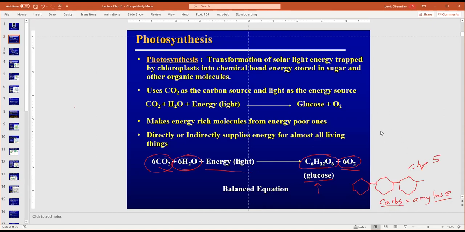And then remember, we talked about glyphosate, so that plants can take their amylose or their glucose and they can make other things with it. So Roundup, they use this to synthesize proteins and DNA and lipids and all that stuff that we learned about in chapter 5.